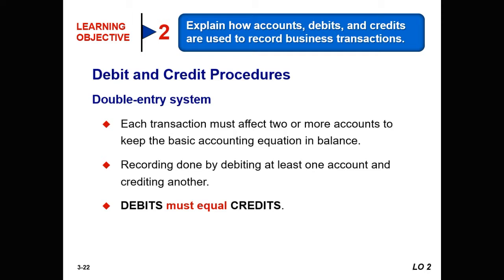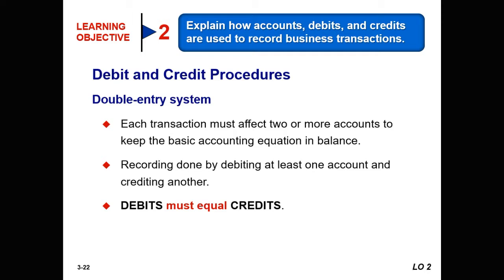Every transaction in accounting will affect two or more accounts in the basic accounting equation, and it will keep it in balance. Recording is done by debiting at least one account and crediting another, but the value of the debits will always equal the credits.